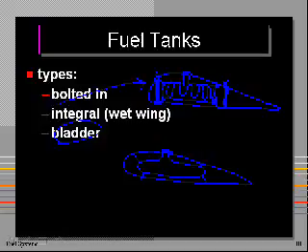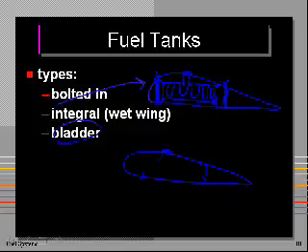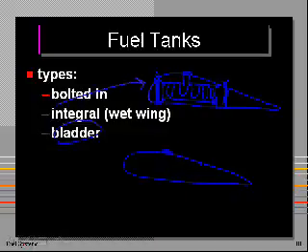And the nice thing is, let's see if I can do this, you can make the bladder fit. Let's say you have your spars right there. You can make the bladder tank fit exactly the same size as the inside opening, so you're using up all the volume. Of course, the downside to a bladder is it's rubber, and after 10 years it's probably going to deteriorate. Maybe 20, you'll have to replace it.